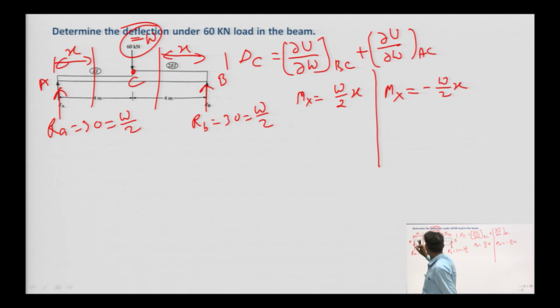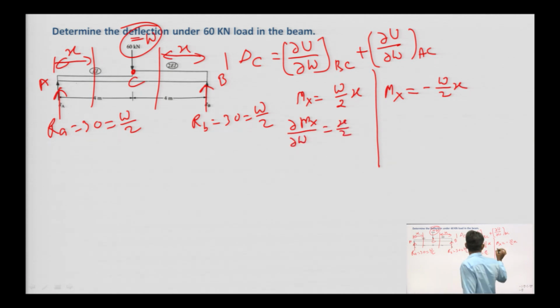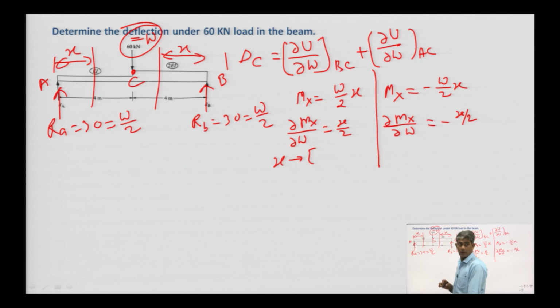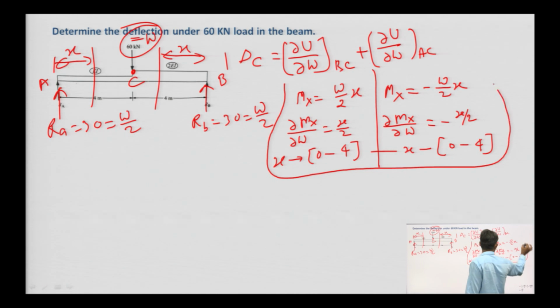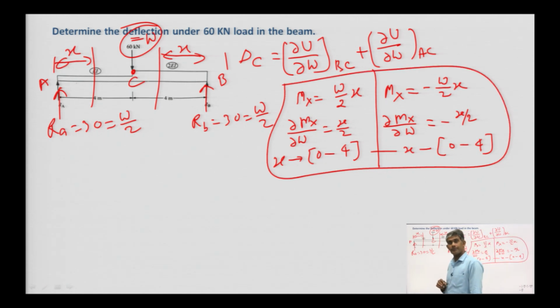Differentiating, del m x by del W, we have x by 2 for BC and minus x by 2 for AC. The limit of x is 0 to 4 in both cases. This is the basic data.